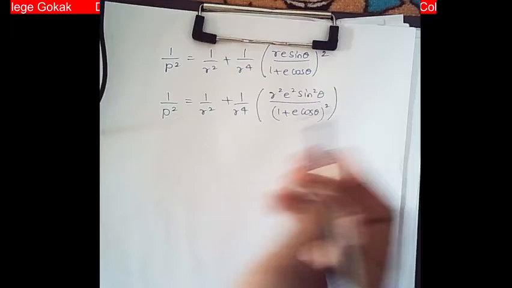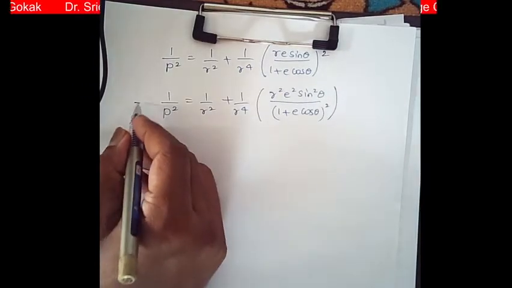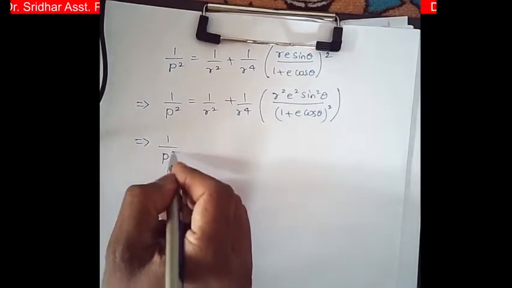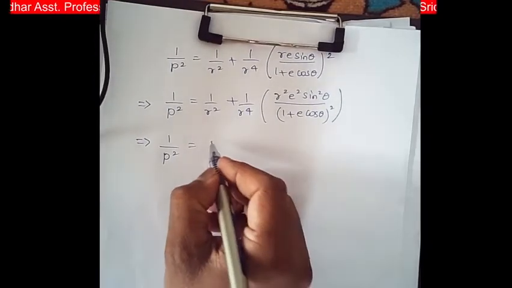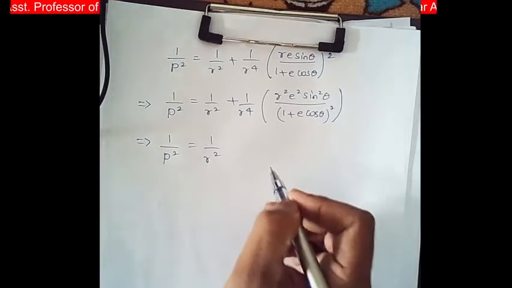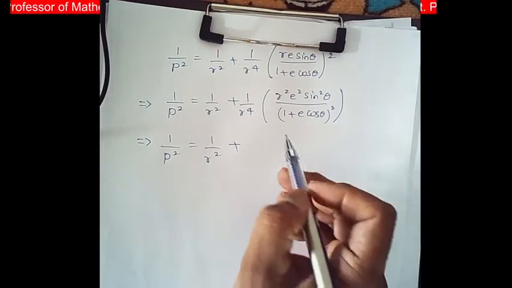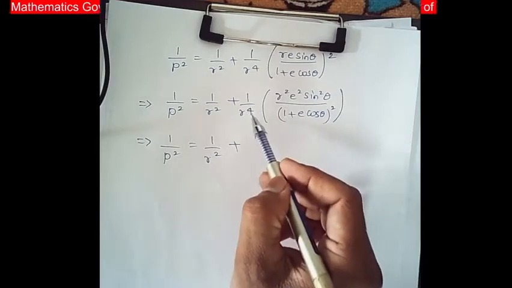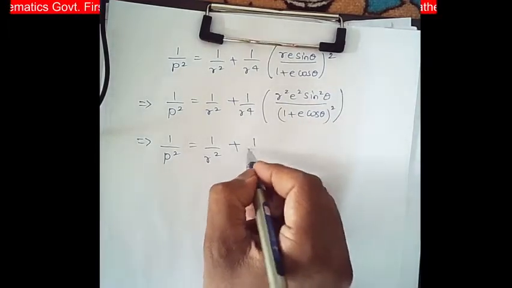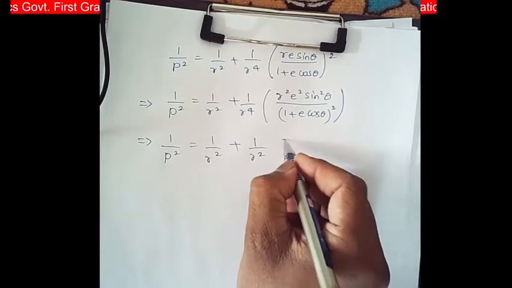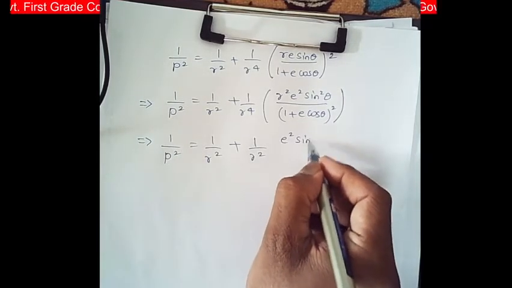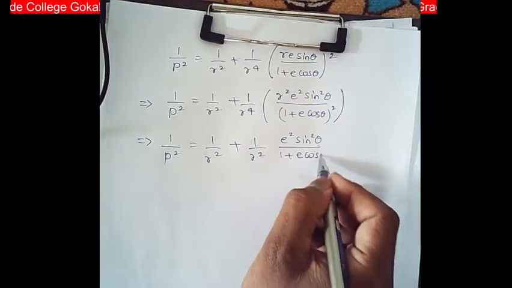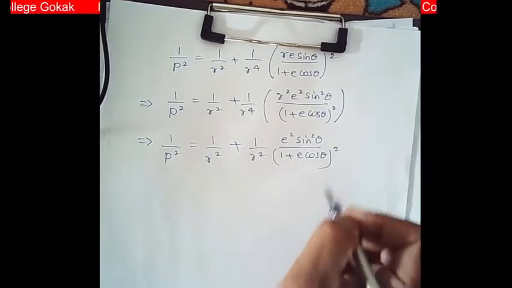So now this implies 1 by p square is equal to 1 by r square as it is plus, now in 1 by r square and r raised to 4, one r square gets cancelled, so it will be 1 by r square into bracket e square sin square theta divided by 1 plus e cos theta whole square.